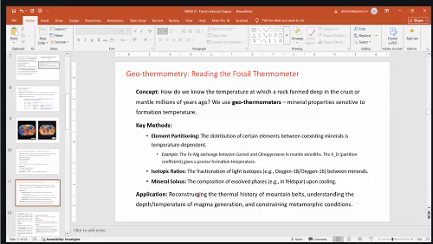The constant K subscript D is the partition coefficient, which gives a precise formation temperature.